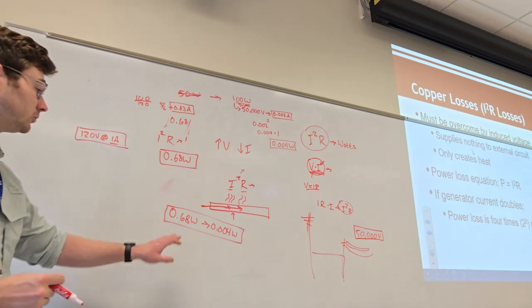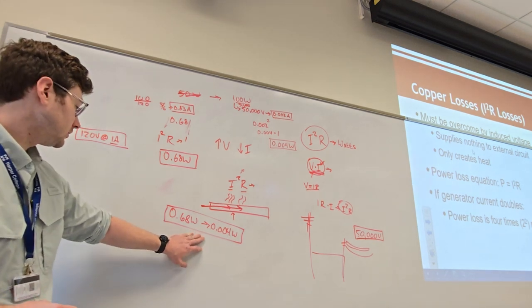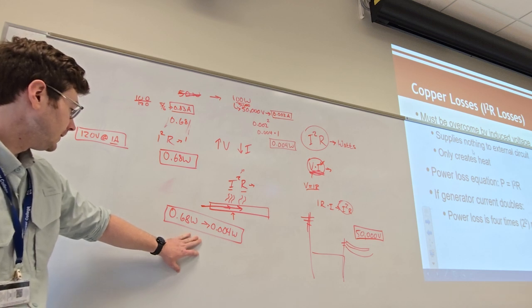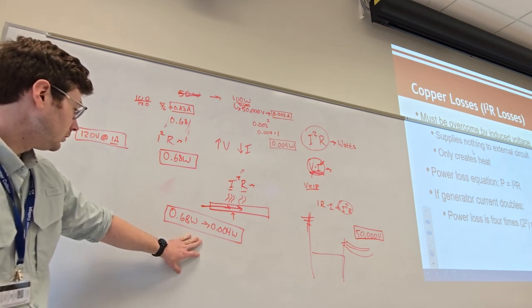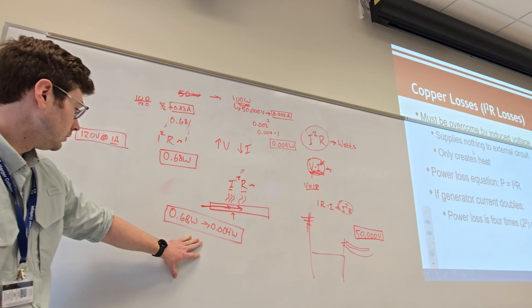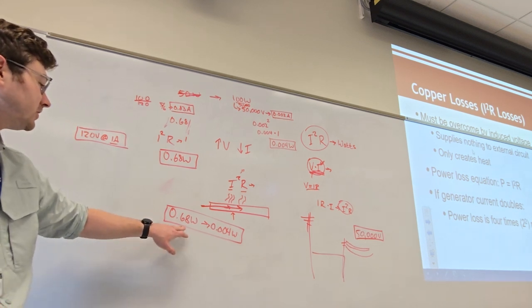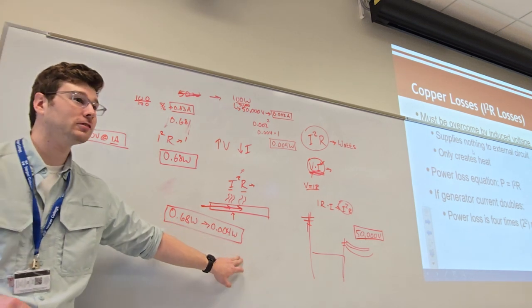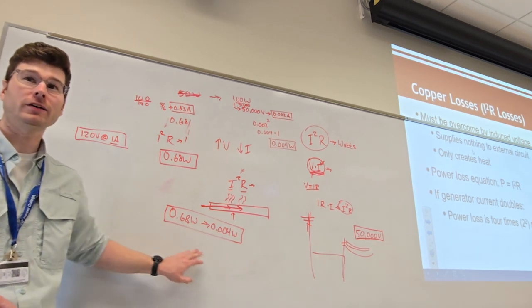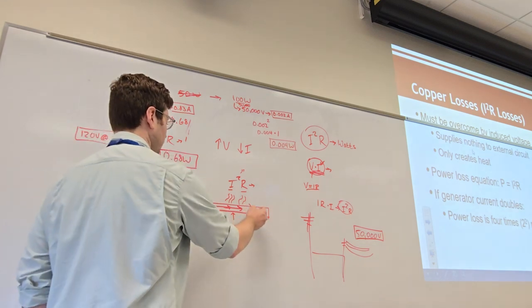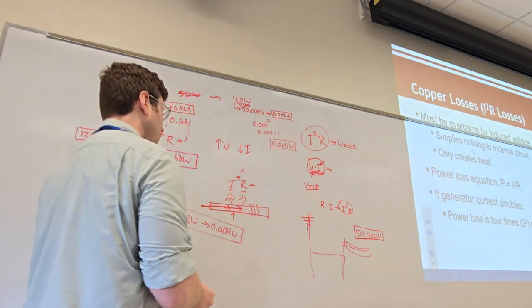This is why, times 60. 60 times more energy is lost with this lower voltage than this higher one over the line. And that's for no good reason.